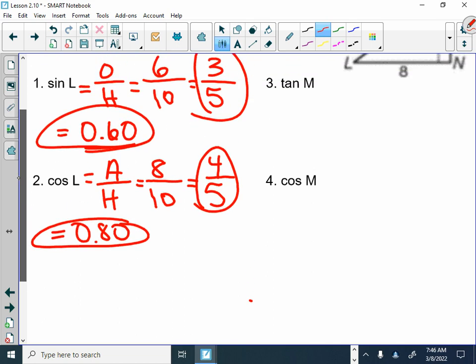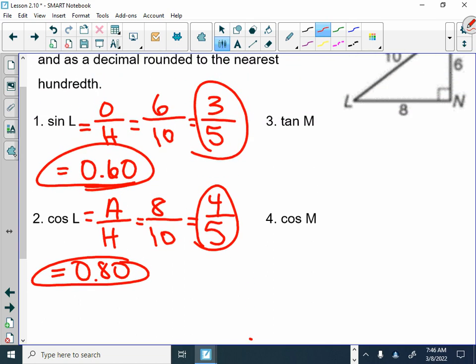Alright. Number 3, I need the tangent of angle M. So we're switching to angle M. Remind me of the ratio for tangent. Opposite over adjacent. Good. We're looking at the angle up here. Which leg is opposite angle M? 8. Good.